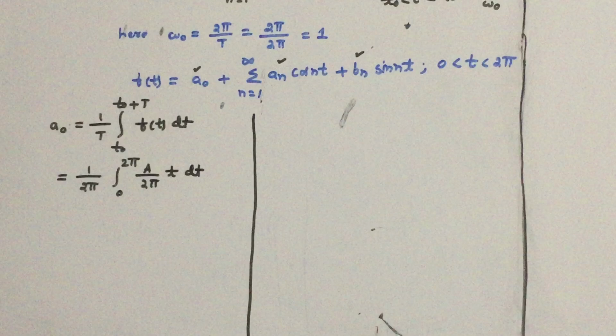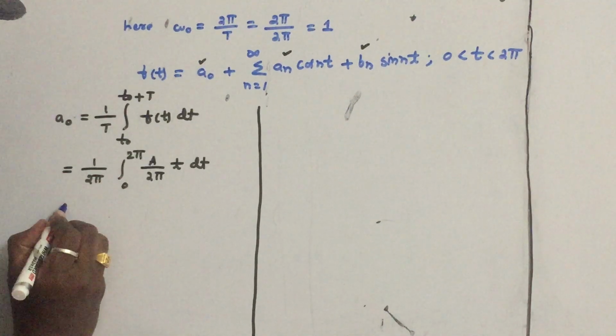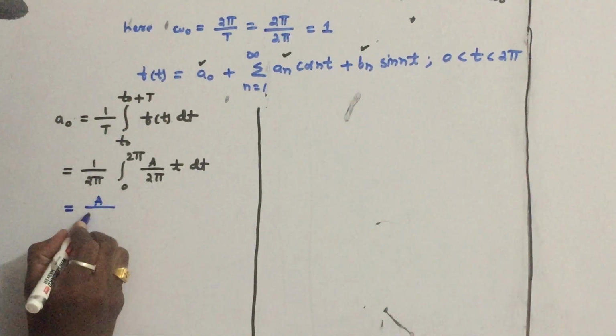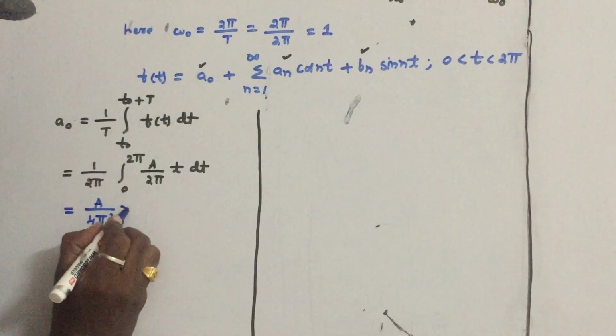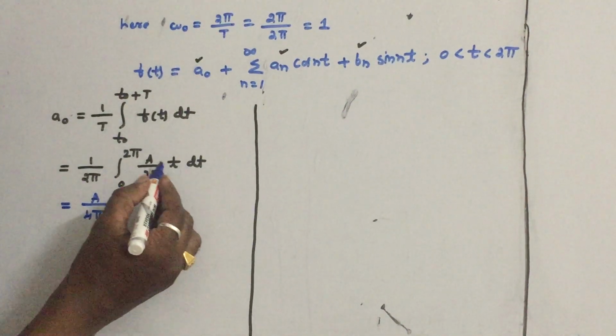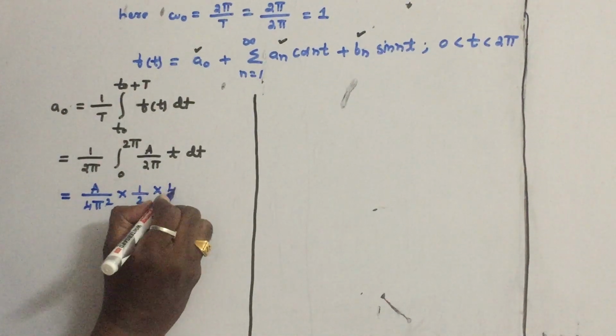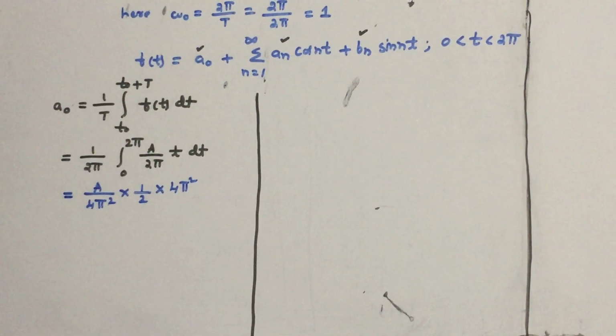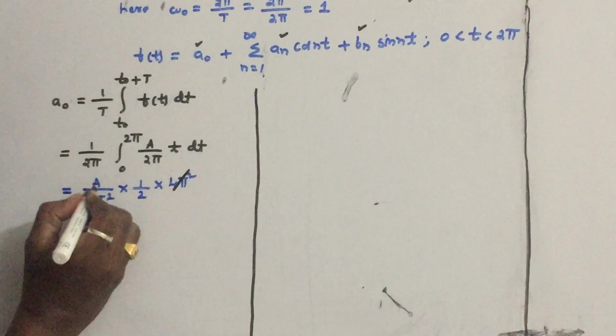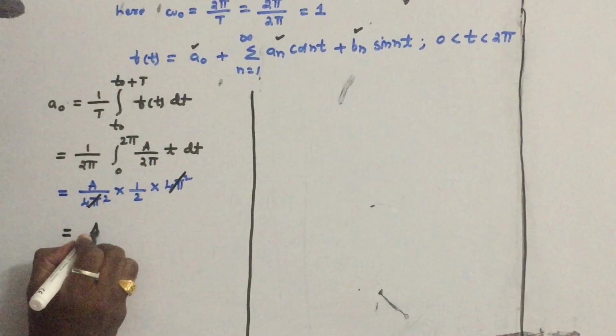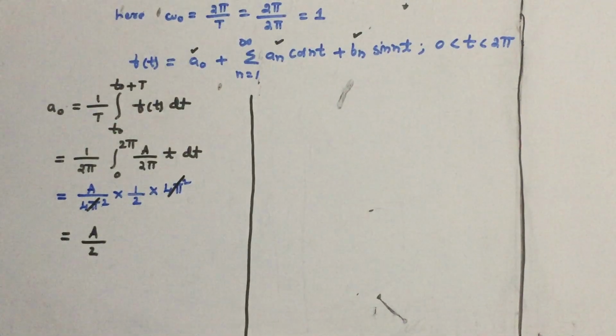Taking a by 2 pi outside, it becomes a by 4 pi square. The integration of t dt is t square by 2. If you substitute the limits, the 4 pi square cancels out. The average value of this waveform is a by 2.